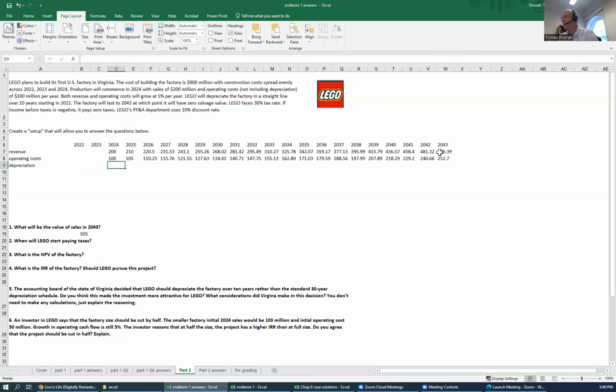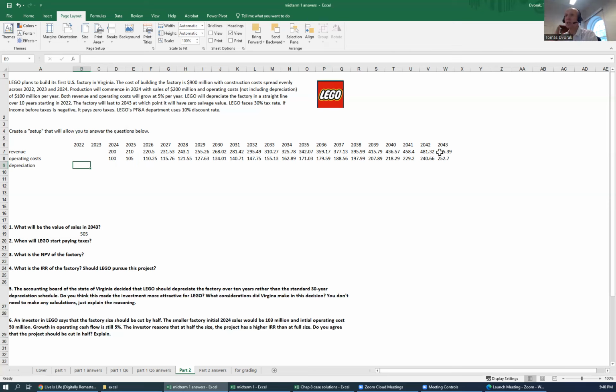If you instead start depreciation expense in 2024, that's fine too, but let's assume we'll take the depreciation expense as soon as we can. So if we already have some factory built in 2022, let's claim a depreciation expense.